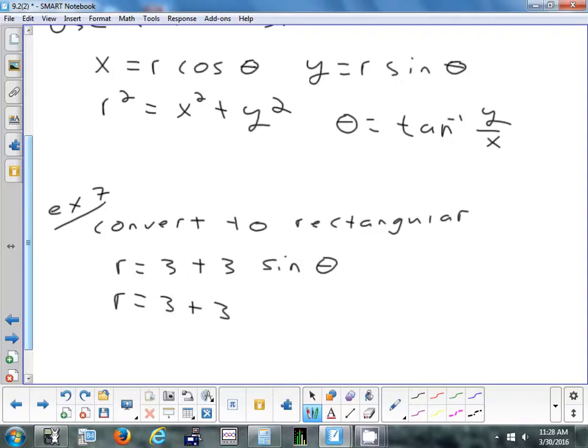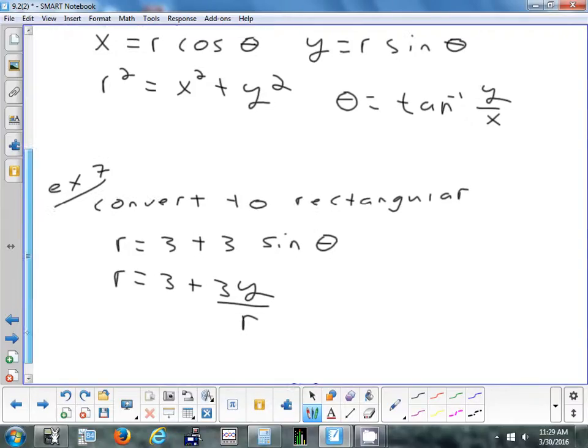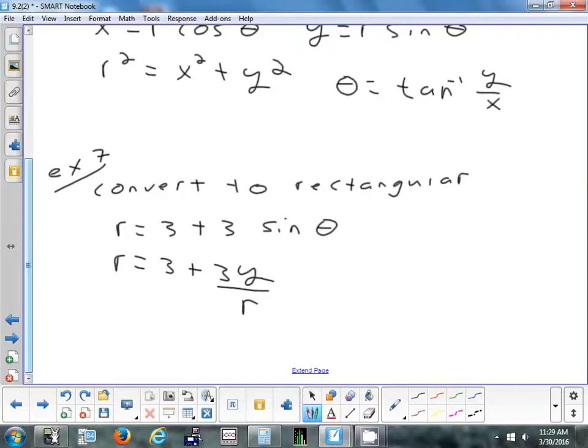So sine of theta is what again? Y over r. Okay. Now I have to get rid of, well, actually, you know what we could do here too? Just to simplify it, what could I multiply everything by to get rid of this denominator?